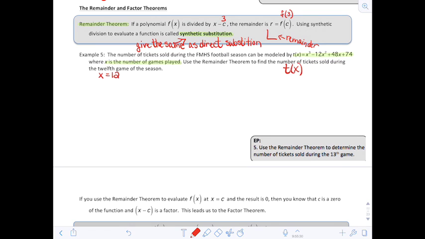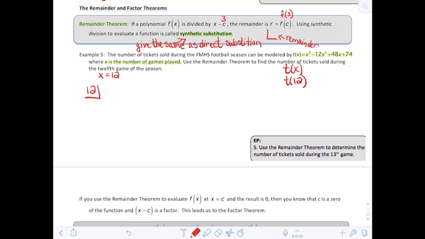So when x is 12, when they've played 12 games, I really want T of 12. Now typically you would just directly substitute the 12 in for x and solve. But here's what we're going to do. We're going to use synthetic substitution.